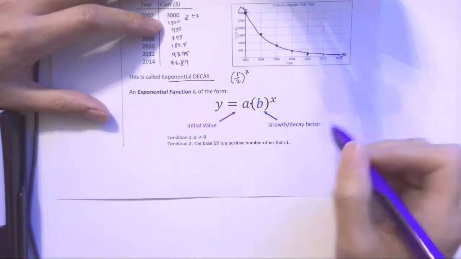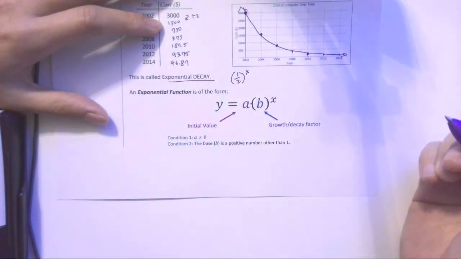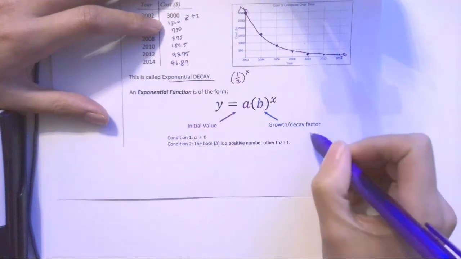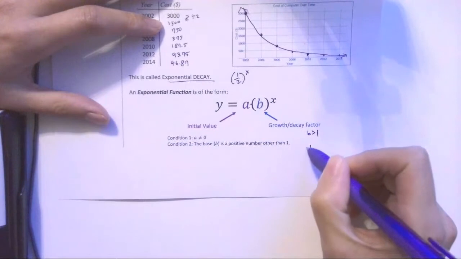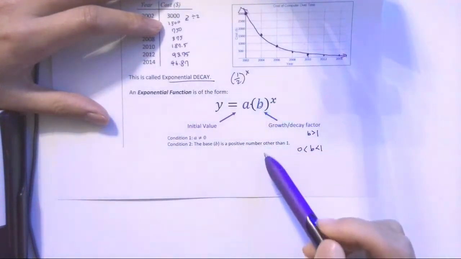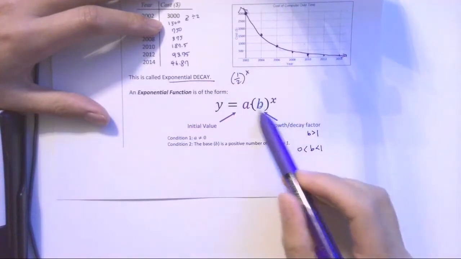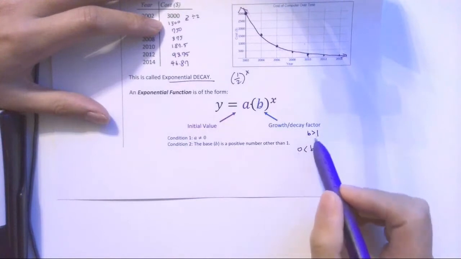You're going to learn on the next page that depending on the b value, your graph will look a lot different. So we can have two different cases: when the base is greater than 1, or when the base is between 0 and 1. Notice your base cannot be equal to 0, nor negative. So it has to be positive, but it has to be either between 0 and 1 or greater than 1.